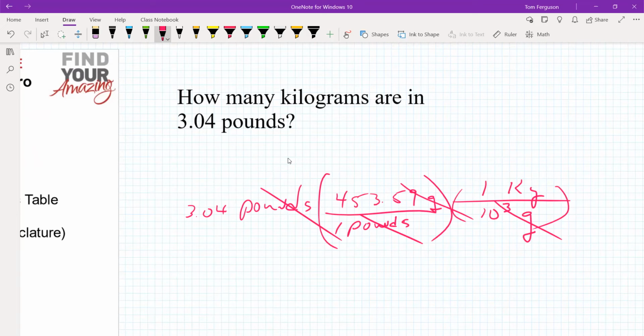Otherwise, it's not set up right. And then once that's done, make sure you've got numbers in all the conversion factors. Because conversion factors always have numbers in them.